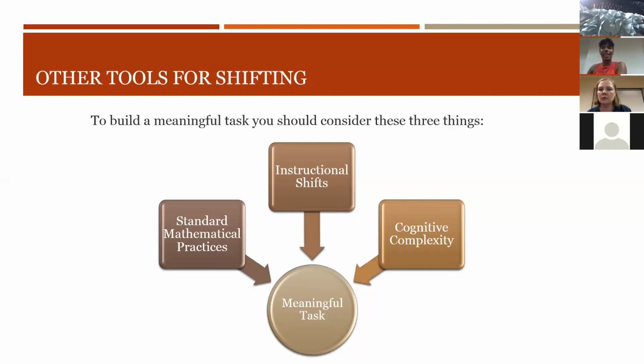I want them to stay in the seats. I want them to keep coming back and say, Ms. Bell, what are we going to do today? And I say, you have to wait and find out, right? So standard practices, instructional shifts, and cognitive complexity. We'll talk more about the instructional shifts, and we'll talk more about the cognitive complexity in the other sessions if you join us. And I'm going to answer this question now.